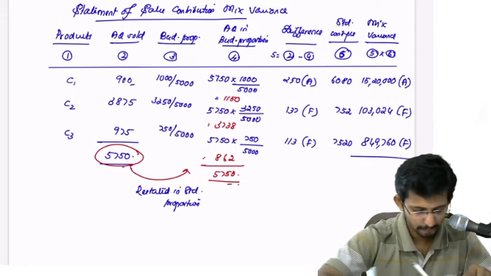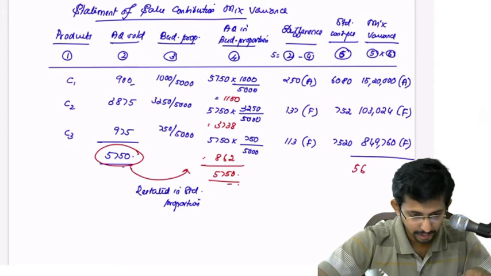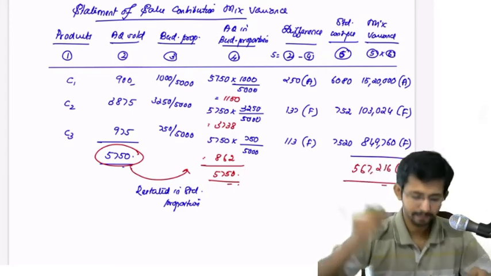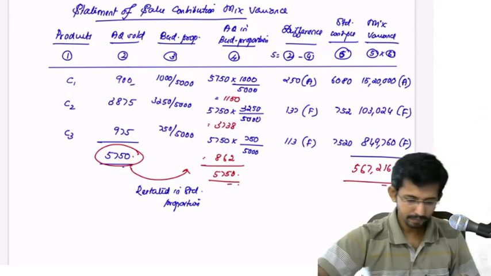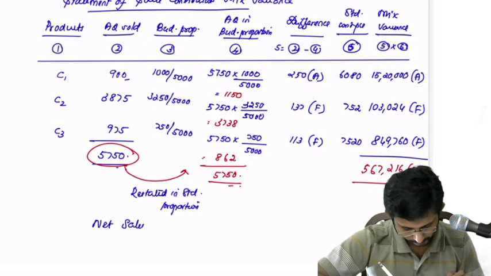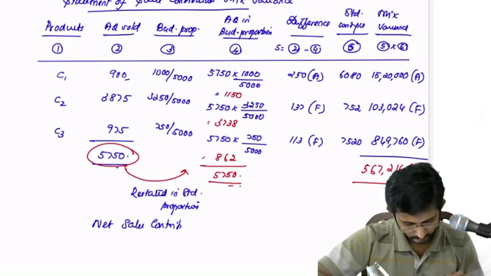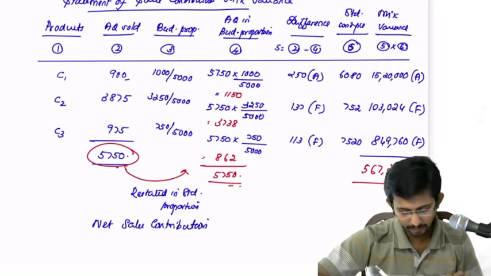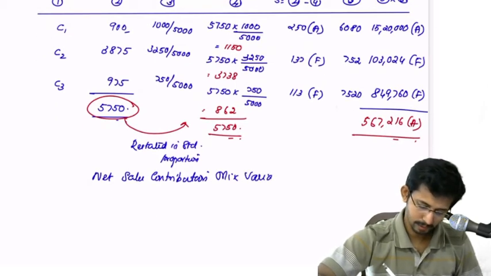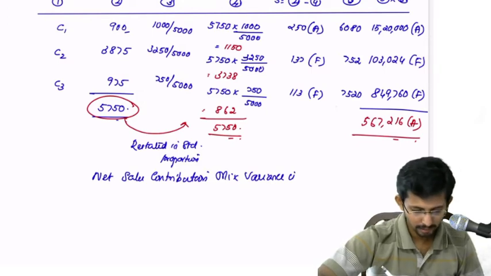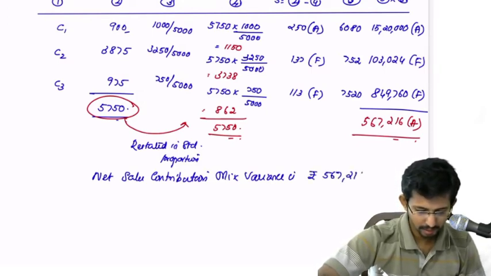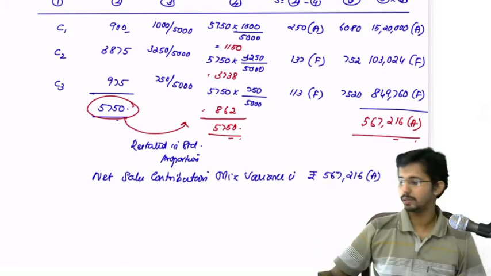So 567,216 adverse net. Okay. So net sales contribution mix variance is rupees 567,216 adverse.